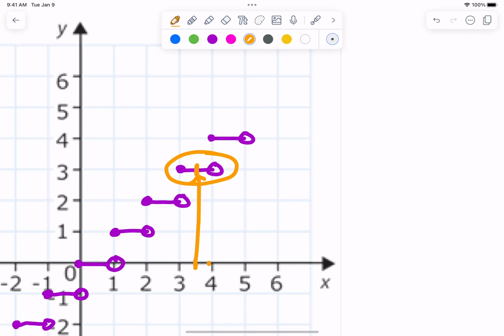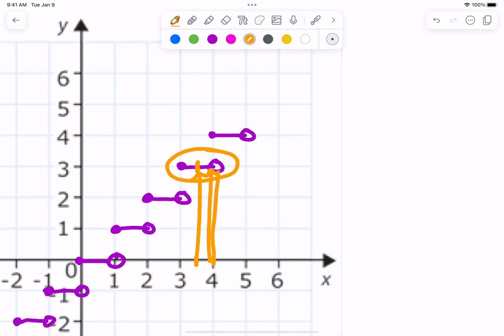Even the day before his birthday, he is still 3 until he gets to 4 on the nose, and then he bumps up to this exact point. So you are 3 years old for the whole year until you bump up to 4. I don't care if you're 3.5. If you're 3 years old in 364 days, you're still only 3. That's how the greatest integer is represented.